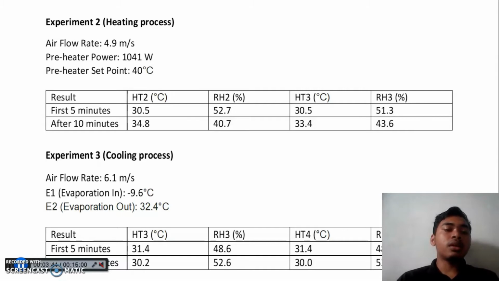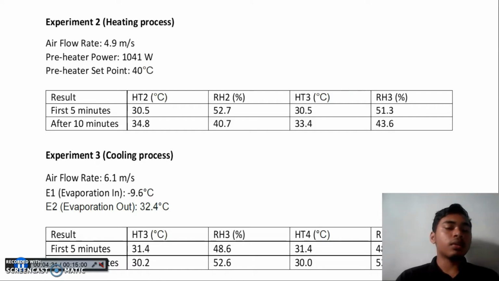After that, we set the preheater set point at 40 degrees Celsius, which is below 50 degrees Celsius, and we wait for 10 minutes and record the data again. We see the increase of the temperature in HT2 and HT3. After we finish recording our data, we can get the preheater power, which is 1041 watts.